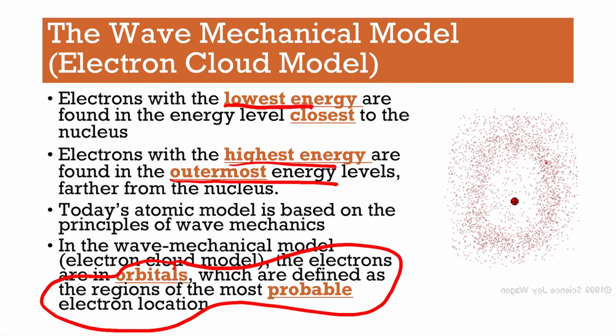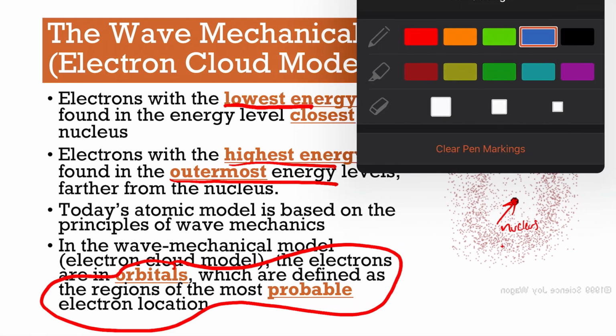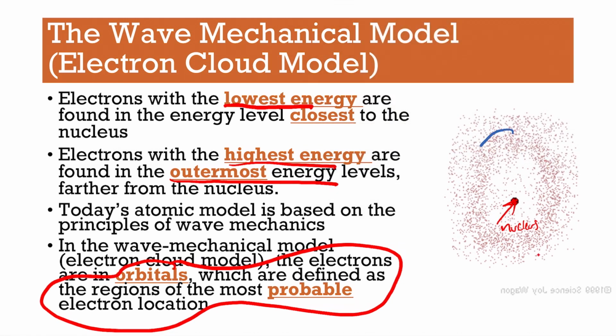So, if you look at this, I don't know if you can see it, but there's actually a red dot kind of flinging around. So every dot in this picture represents a location of where the electron was. So right there, that is your nucleus. And each dot represents a location of the electron. But you can kind of see a pattern where most of the time the electron is somewhere within that area.